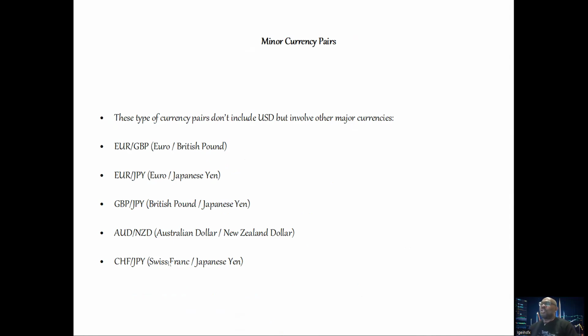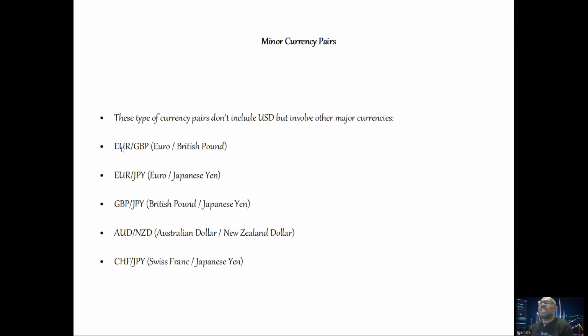If you look at the list, you will not see USD. So it's very clear for you to understand. That is why I put it this way. You will not see USD in any quote, in any pair.